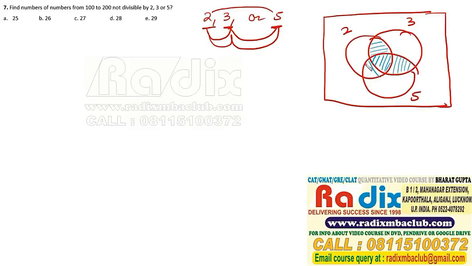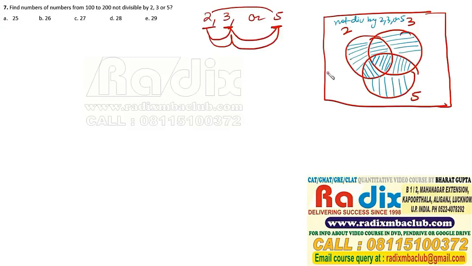And this portion shows the numbers which are divisible by 2 and 5 only. And this portion shows the numbers which are divisible by only 2. This portion only 3, and this portion only 5. And the remaining portion is not divisible by 2, 3 or 5.